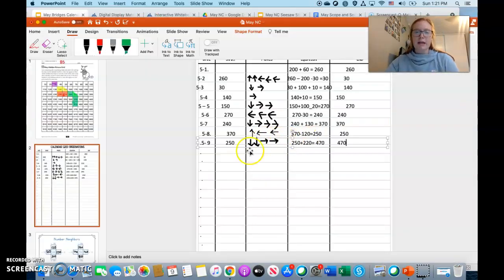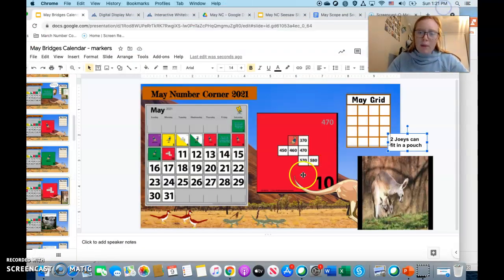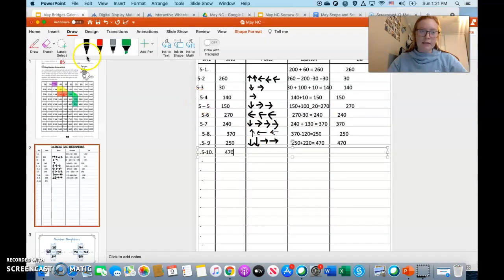So let's jump to our calendar grid. We're going to add another day, May 10th. We left off on 470, which it reminded us in that top corner there. And one more time, this is where we started. Up and to the left 1. So I'm going to draw up and we're going to the left 1.